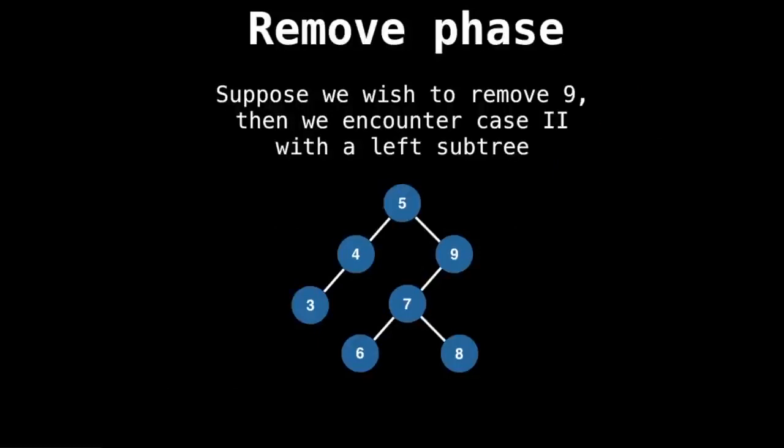So first let's find 9. Okay, we found 9. Now we encounter a case 2 with a left subtree, because 9 doesn't have a right subtree. So the successor is going to be the root node of that left subtree, so 7. So now I can remove 9, and 7 becomes the successor of 9.